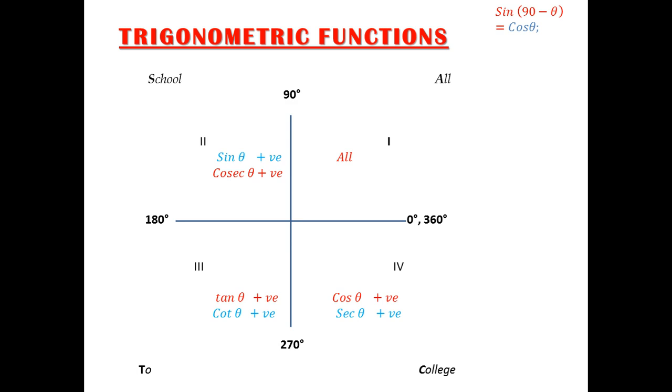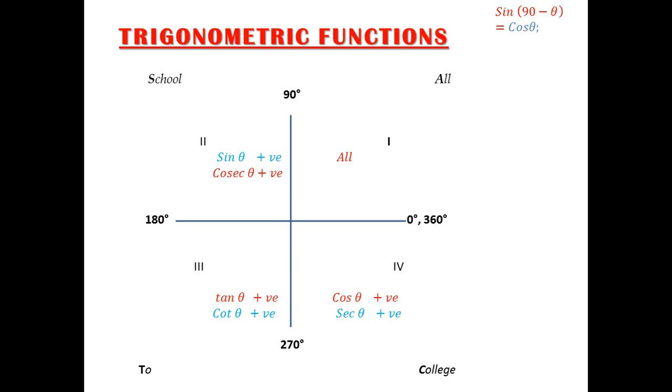You can nod your head as you are saying yes along the vertical line. 90, 270 means change. Yes, we have to change. But at 180 and 360 or 0?